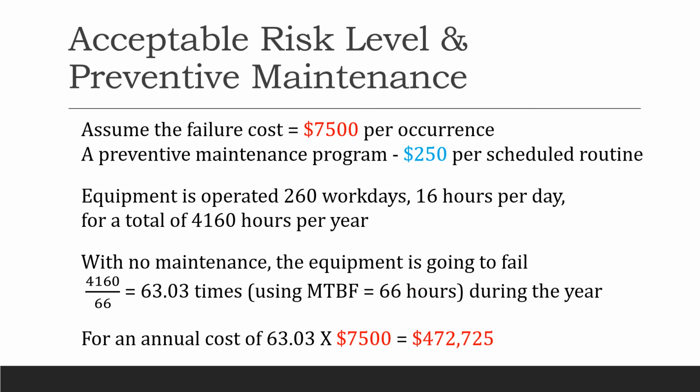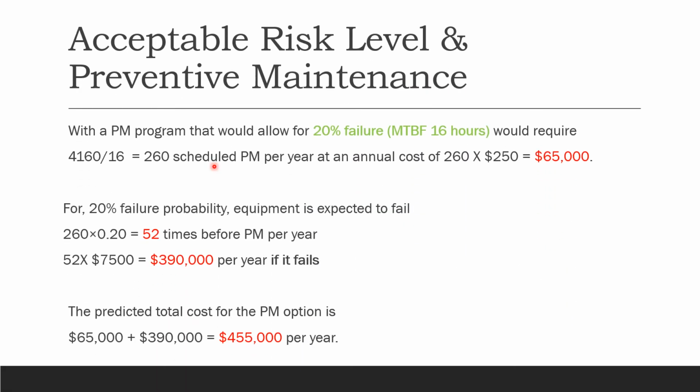Okay, so let's go to the acceptable risk level and preventive maintenance. Now, you're going to run the preventive maintenance program, and that would allow for 20% failure. So that's your mean time before failure of 16 hours.